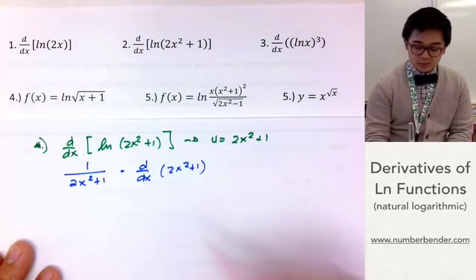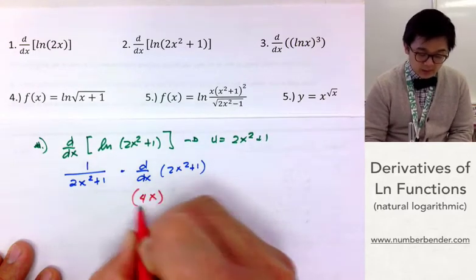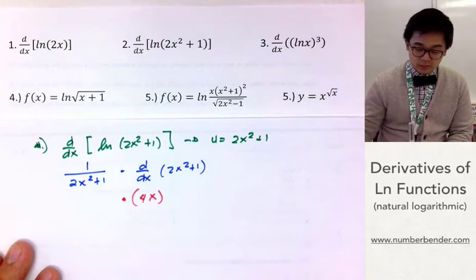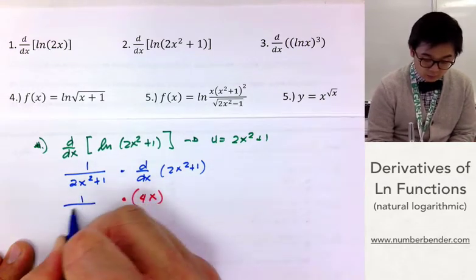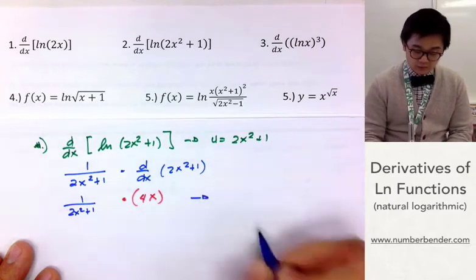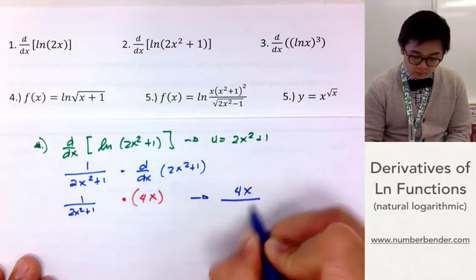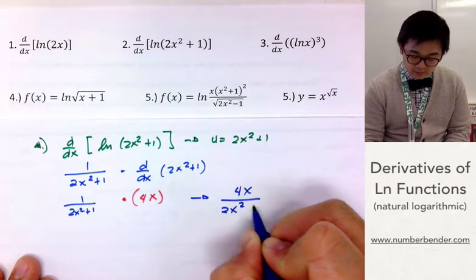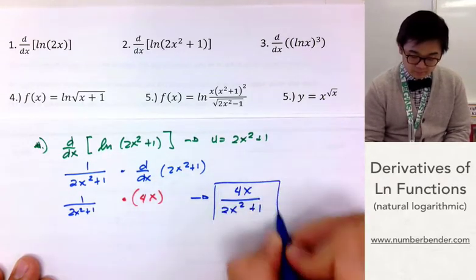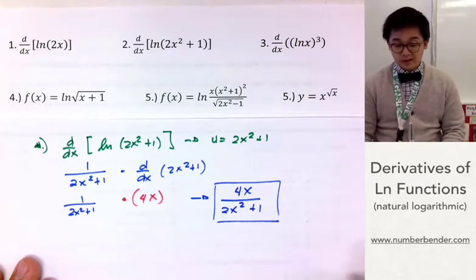So we know that the derivative of 2x squared plus 1 is simply 4x. And we are just going to multiply it with 1 over 2x squared plus 1. So our derivative function will simply be 4x over 2x squared plus 1. So that's how simple using the derivative rule is for ln.